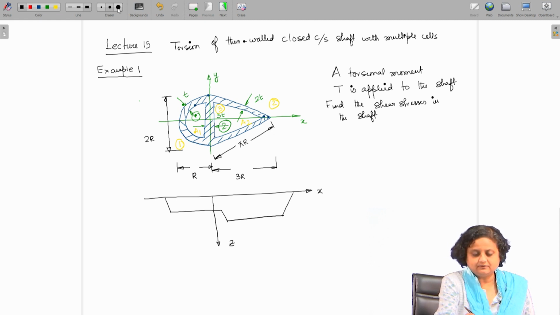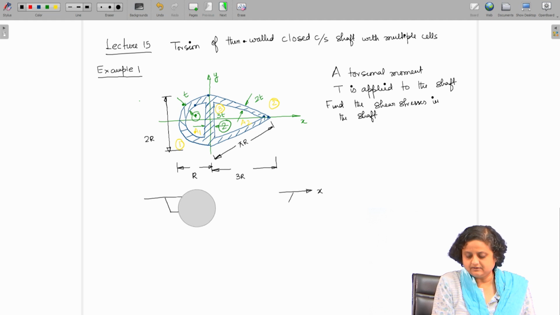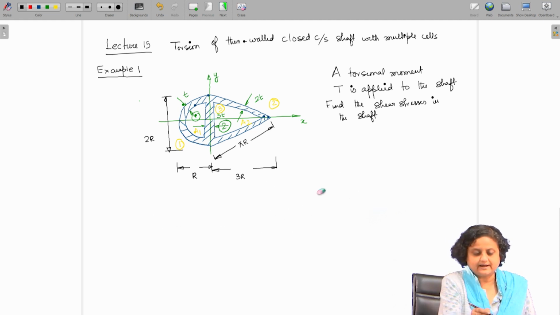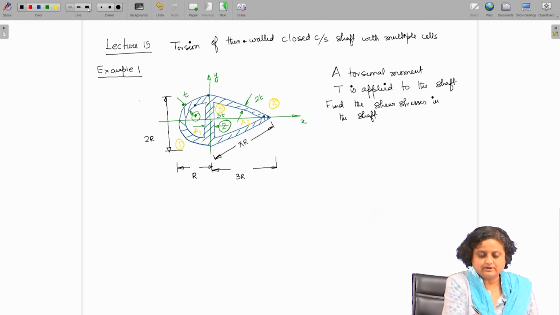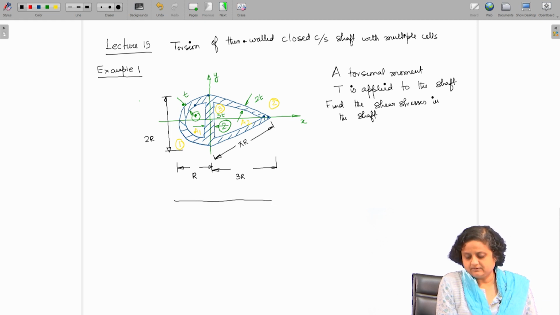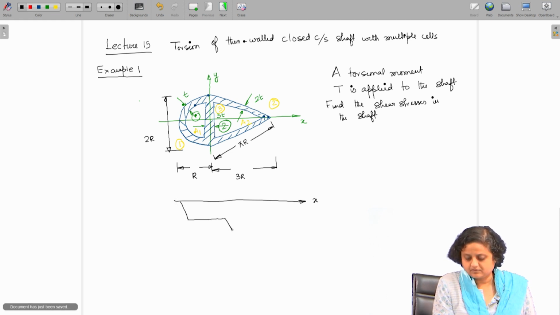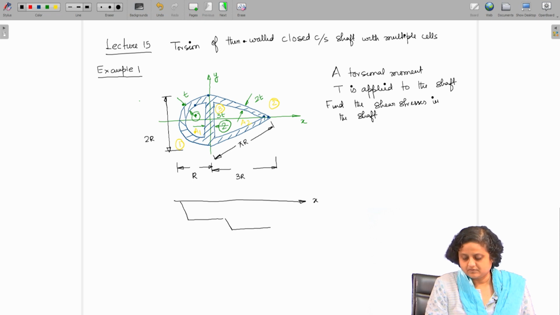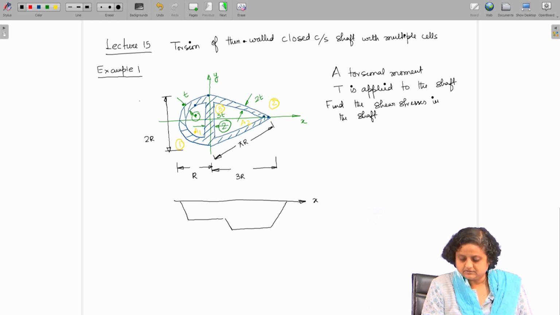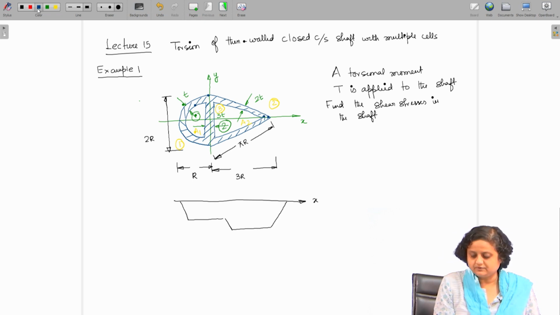We can even remove the z axis so that we can visualize it better. This is the x axis, and this is the deflected shape of the membrane.